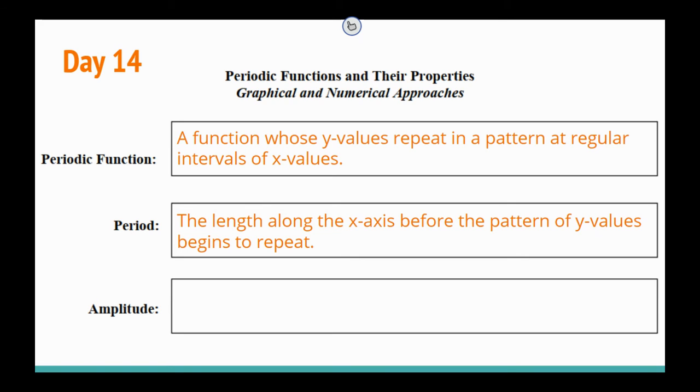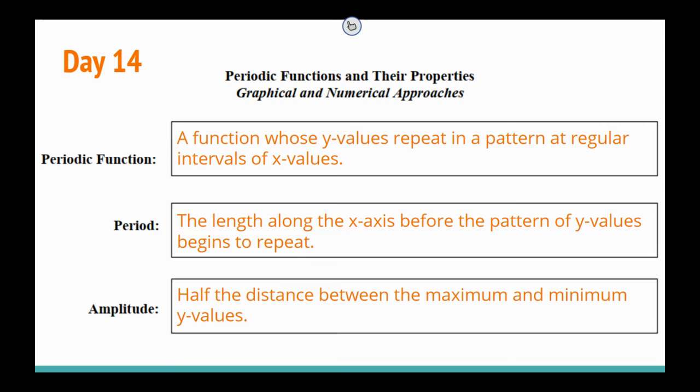And the amplitude of your graph is half of the distance between the maximum and the minimum y values. So the period is talking about your x values left to right. Your amplitude is talking about half of your height of the graph.